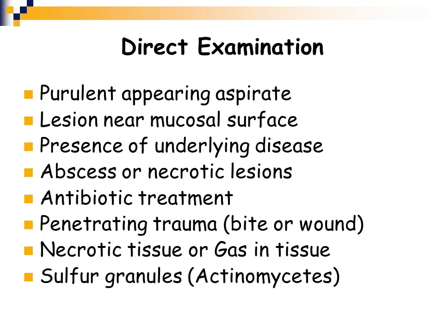So when you get a specimen in and you make a smear of it and you stain it and look under the microscope, that's what your direct examination is. You're looking for bacteria. Now, you can't usually tell if it's a facultative organism or an anaerobe just through a direct exam.